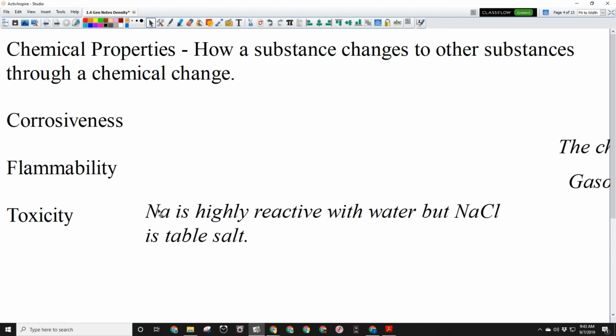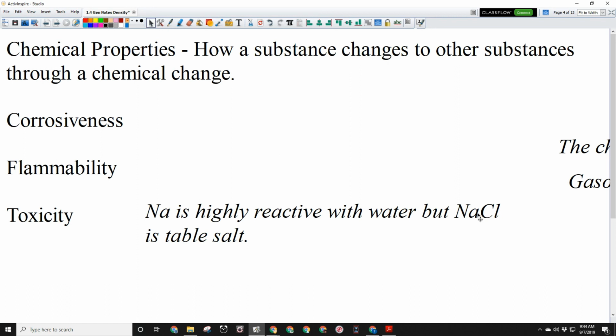Okay, and toxicity. Sodium is just a plain metal, sodium is highly reactive with water. So you don't want to put this in your mouth. Okay, you put it in your mouth and your head's going to explode. It's very reactive with water. But when we combine sodium with chlorine, by the way, chlorine gas is poisonous gas too. If you inhale chlorine gas, it will kill you.